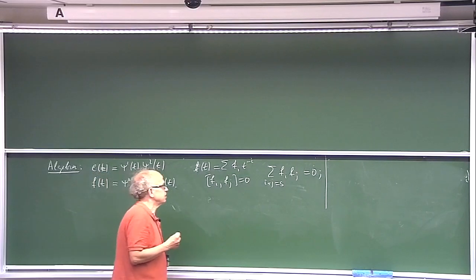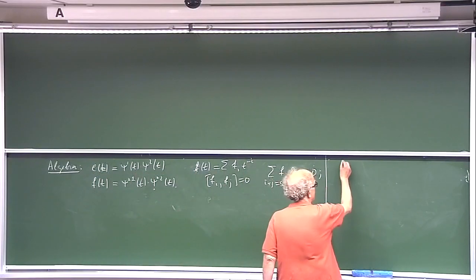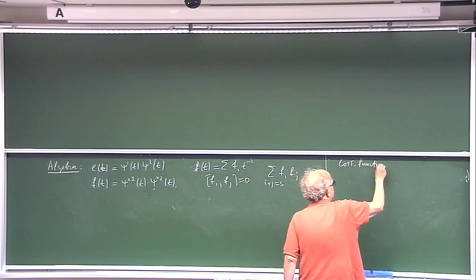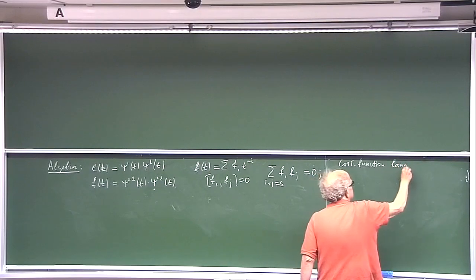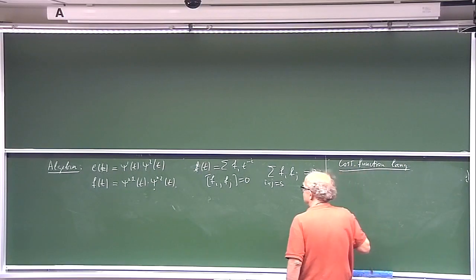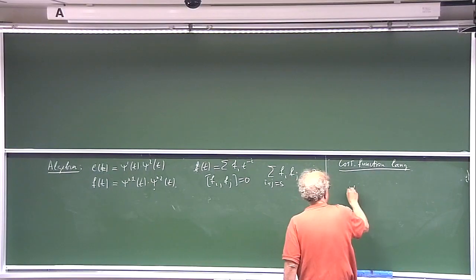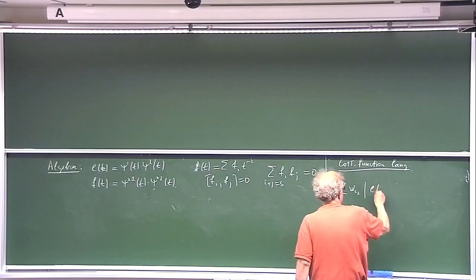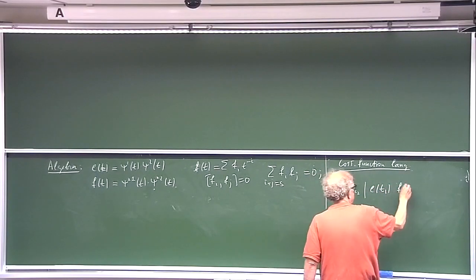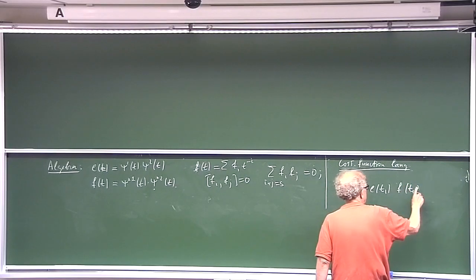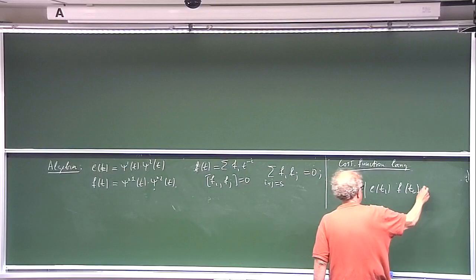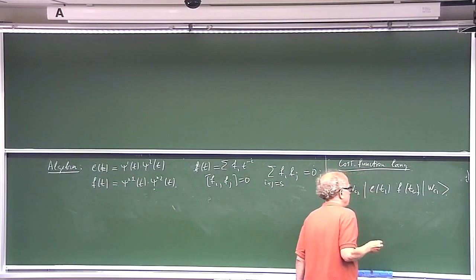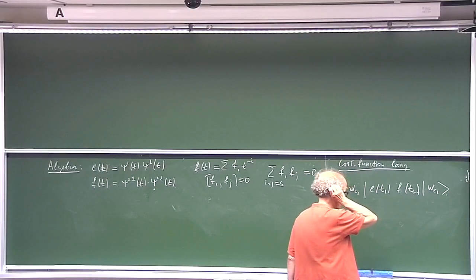But let me say something about this in correlation function language. So in my space I have a vector, and then I can apply E(t1) and then F(t2), and then I have this vector. What can I say about this?